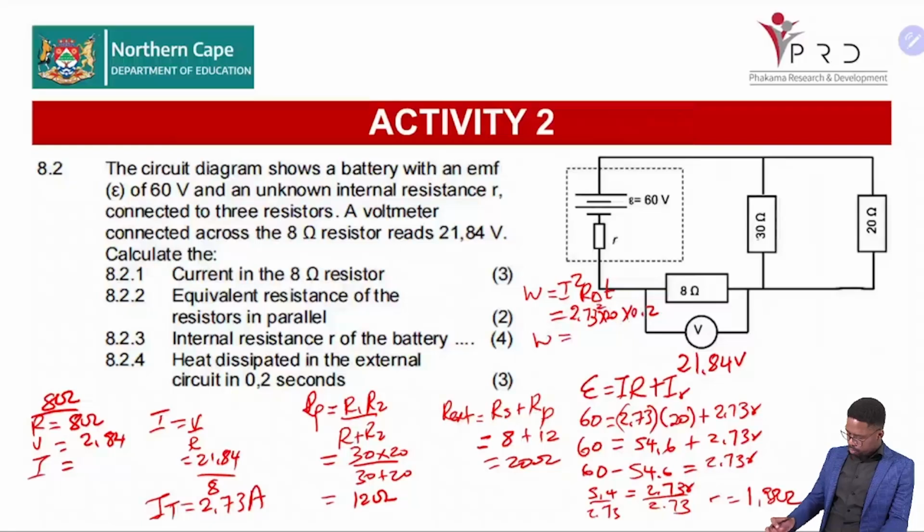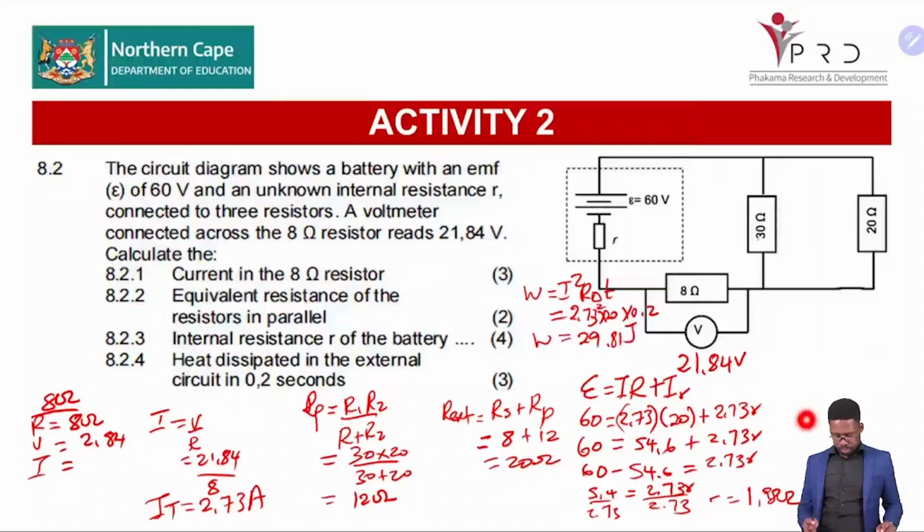Now let's deal with it. 2,73 squared multiplied by 20 multiplied by 0.2. Then our answer will be 29.81 joules.